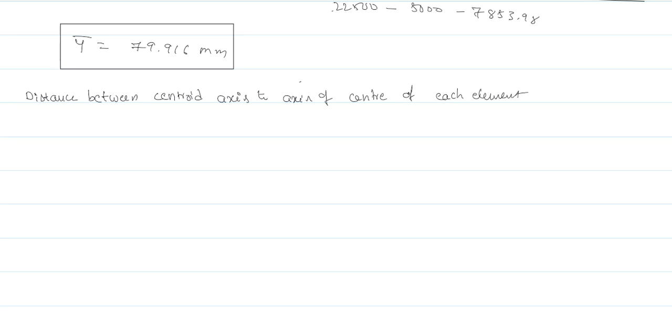Every element has an individual axis, that is x1 y1, x2 y2, x3 y3, and we have centroid axis nothing but x bar y bar. So we are going to measure the distance from those centers.